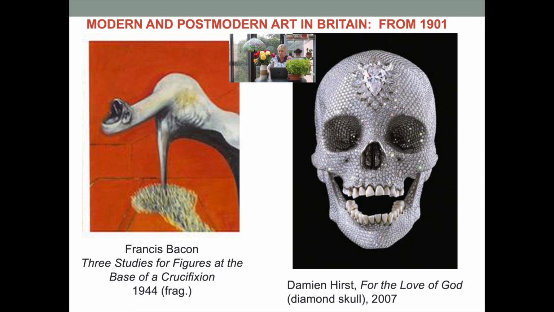And then we have the postmodern work, The Diamond Skull, whose official title is For the Love of God, made in 2007 by Damien Hirst. So it's basically a human skull studded with diamonds. What is it? What does it tell you? What is the symbolic meaning of this work of art? Is it consumerism? Is it the egoism of contemporary people?